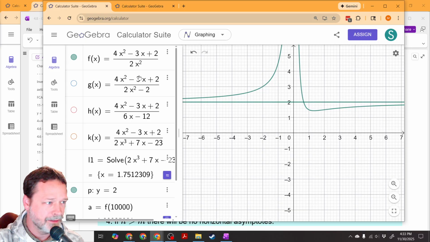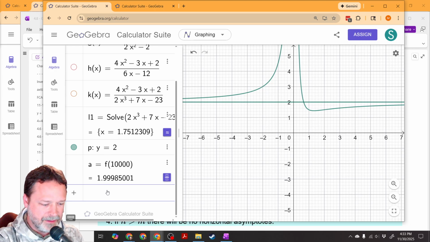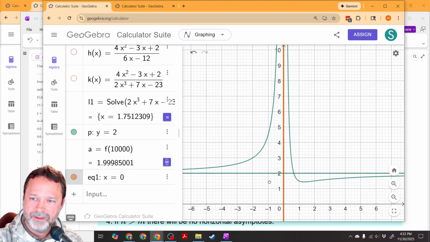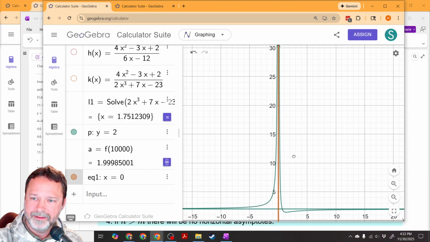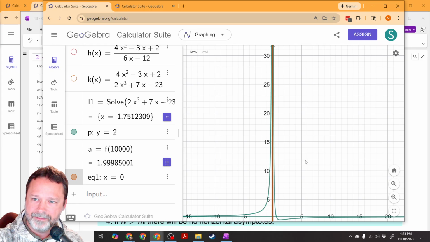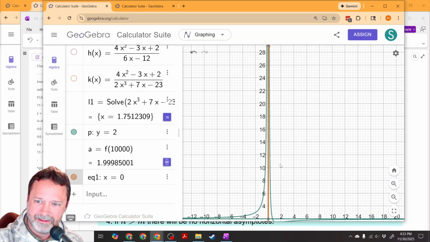Oh, and is there a vertical asymptote? Where does the denominator equal 0? At x equals 0, since 2 times 0 is 0. And so we do have a vertical asymptote at x equals 0 right there. You can see that if I zoom out, it does approach that from the left side and the right side, getting closer and closer to that.